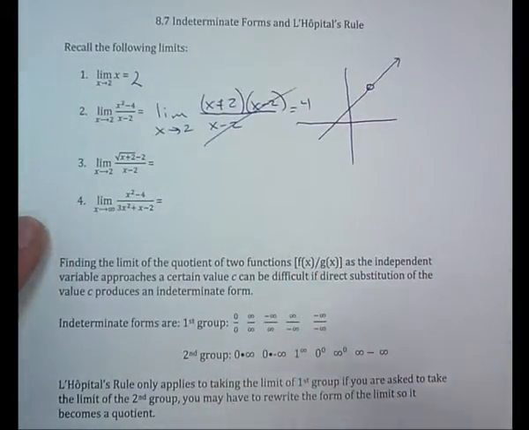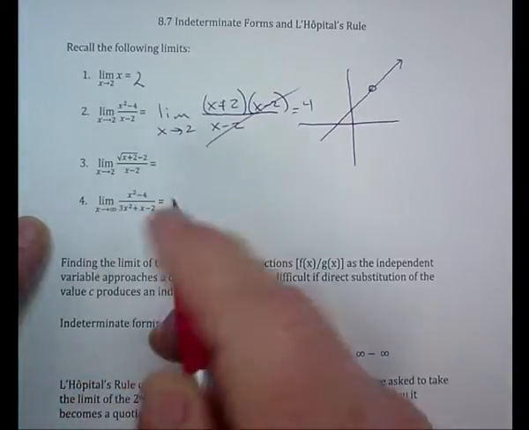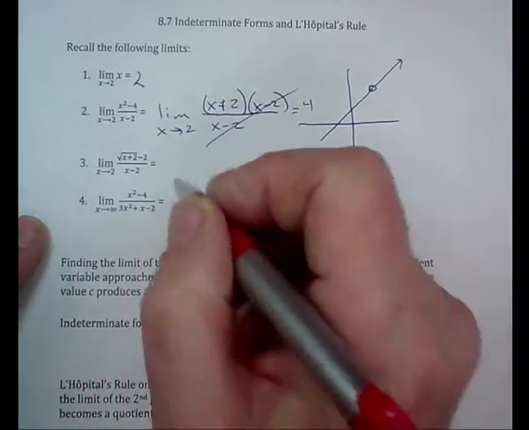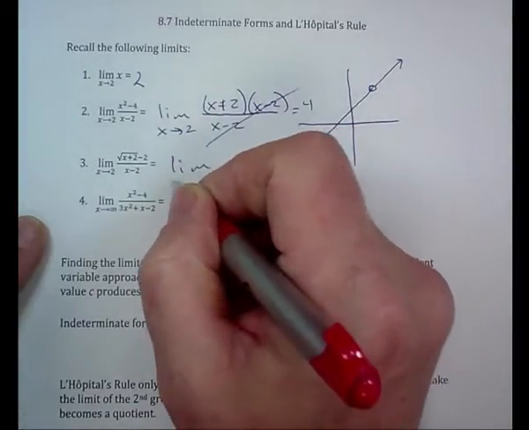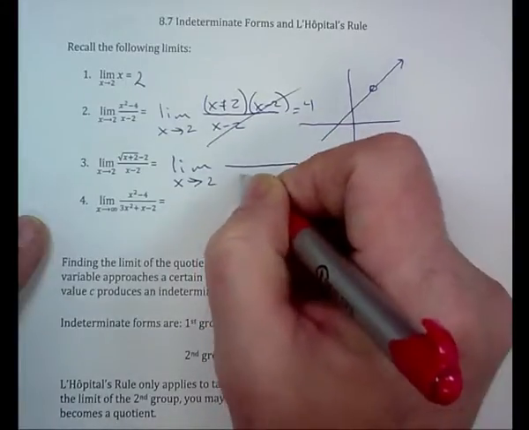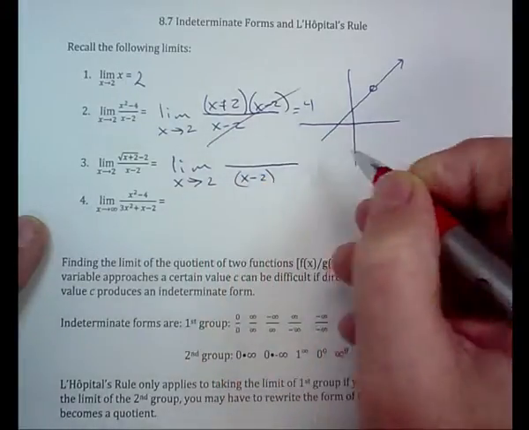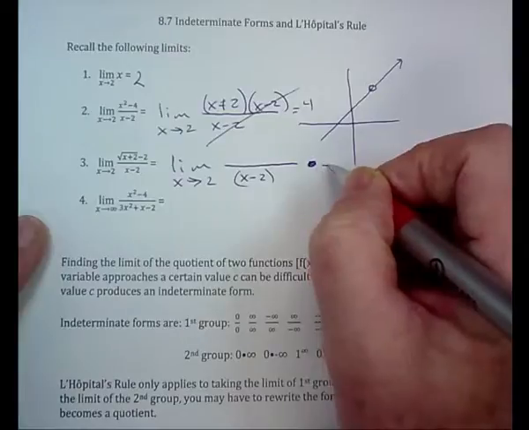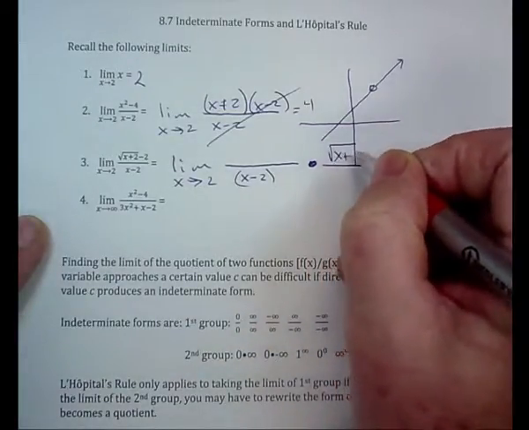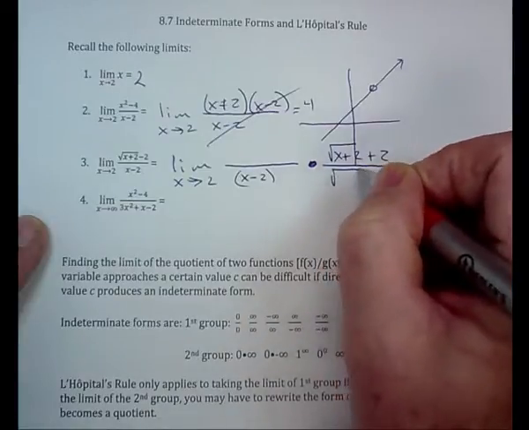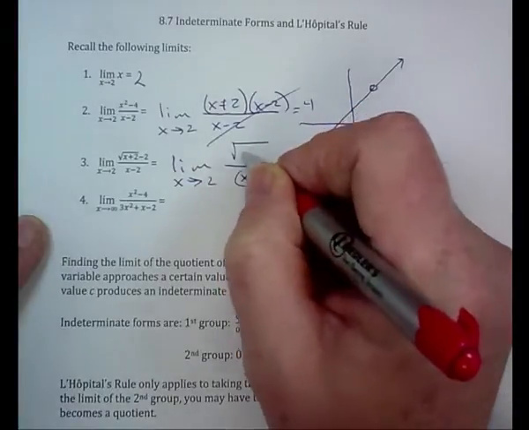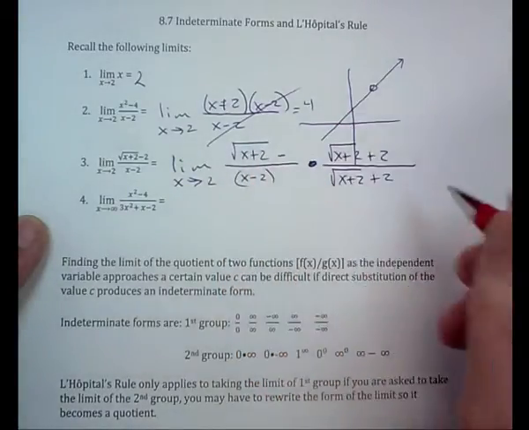Okay. Jack Grabinski, what would you do here? Multiply by the conjugate. What is the conjugate? Square root of x plus 2 plus 2.